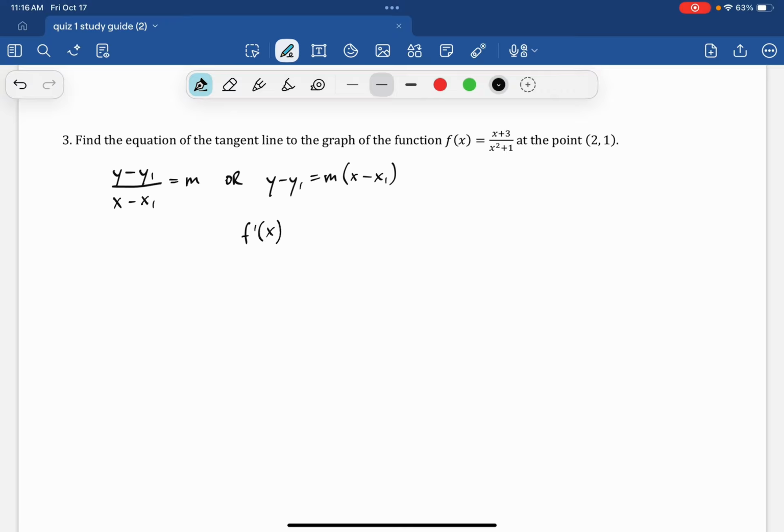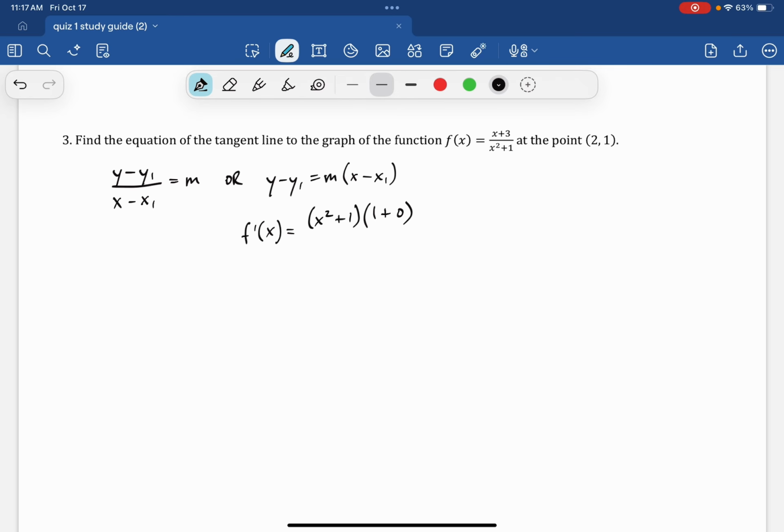F prime of x equals, all right, here we're going to have to use quotient rule. So remember, that's low d high minus high d low over low squared. So first, we're going to do low d high. So low is x squared plus 1. And then the derivative of the top, the top is x plus 3, and the derivative of that is 1, because that's the derivative of x, plus 0, because that's the derivative of 3.